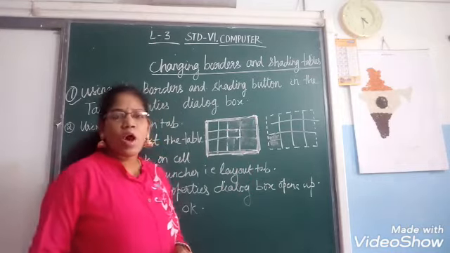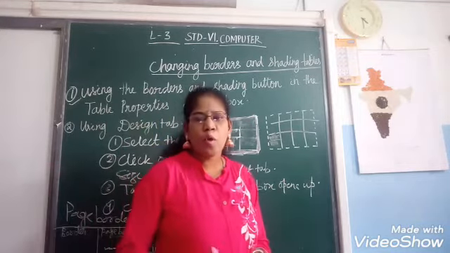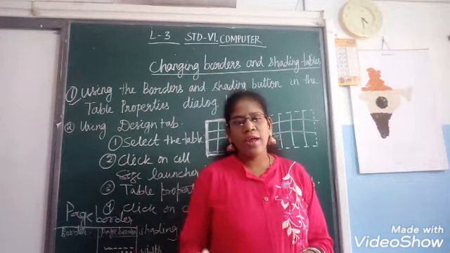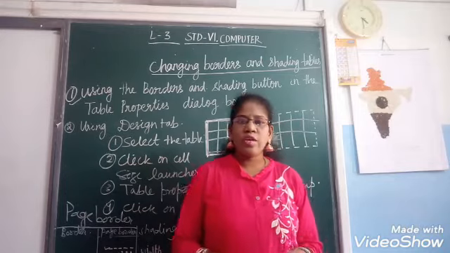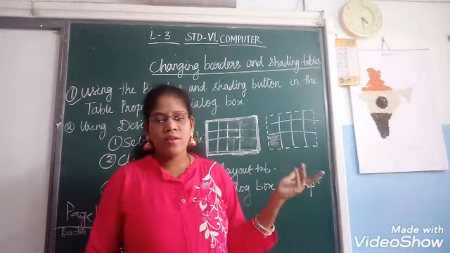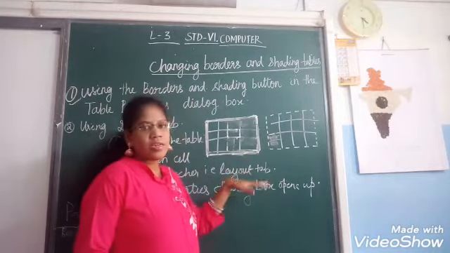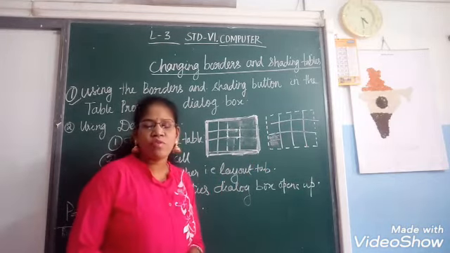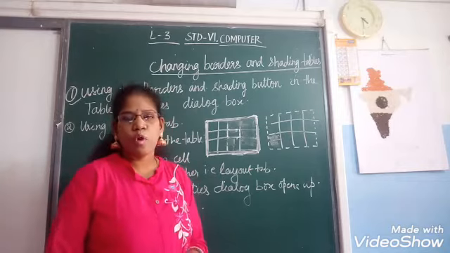This is how you can change the border and shading. You can add border and you can give shading. You can give your own style. The color, the effect, everything you can give in the table properties dialog box.